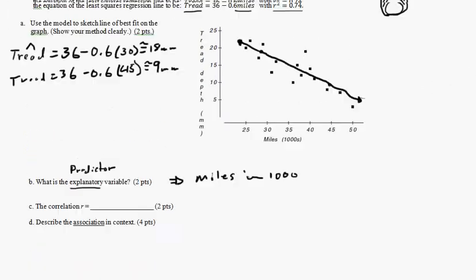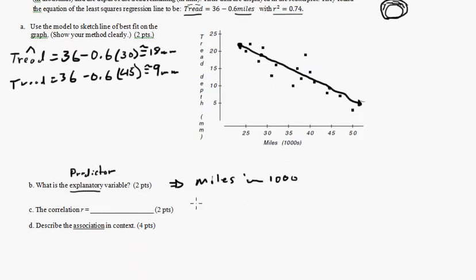Okay, now what's the correlation? Well, we're given r² of 0.72. So that comes out to be 0.86. So now the question is, should it be positive or negative?